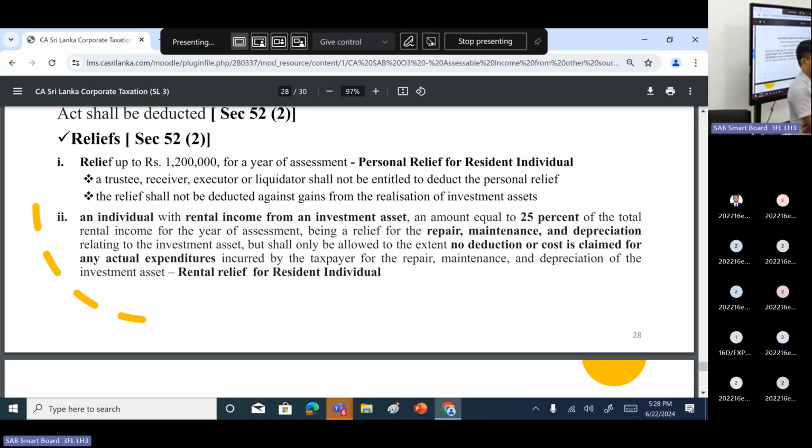Rent relief. And also remember, rent relief can be claimed only on the assessable income. Therefore, rent income means after deducting expenditure from the gross rent income. After deducting expenditure, you can claim 25%.